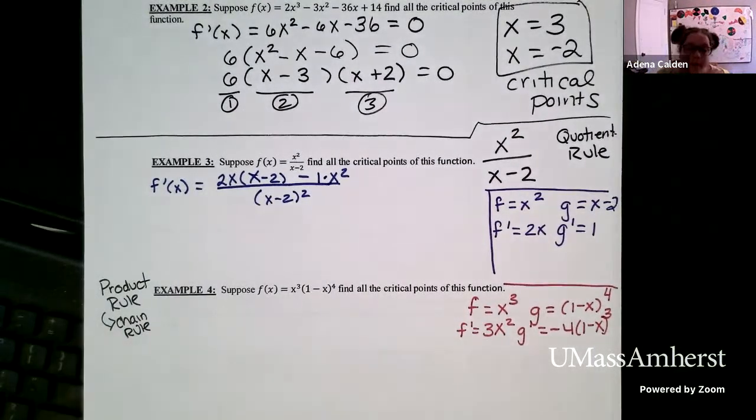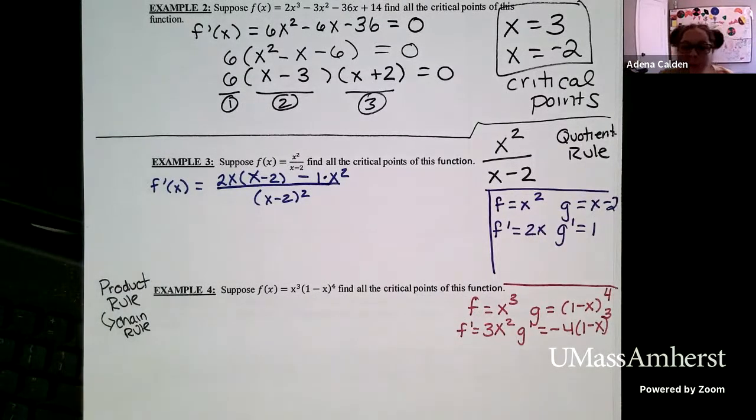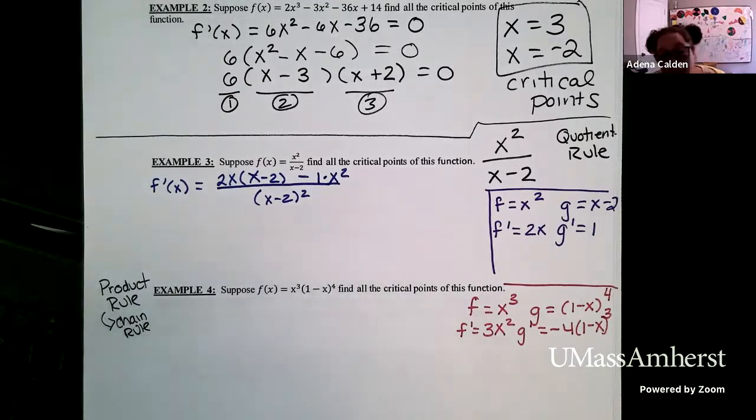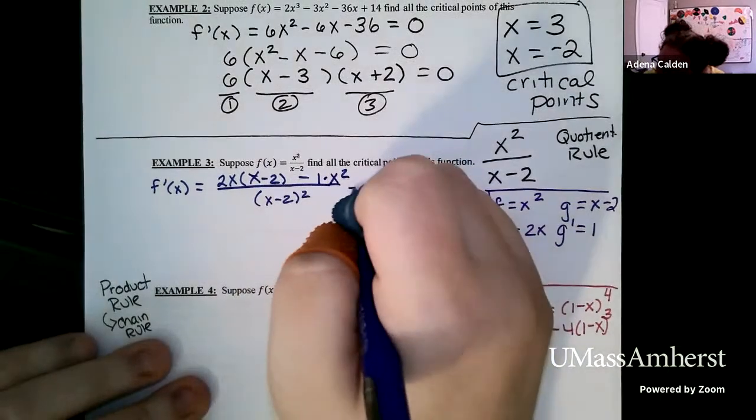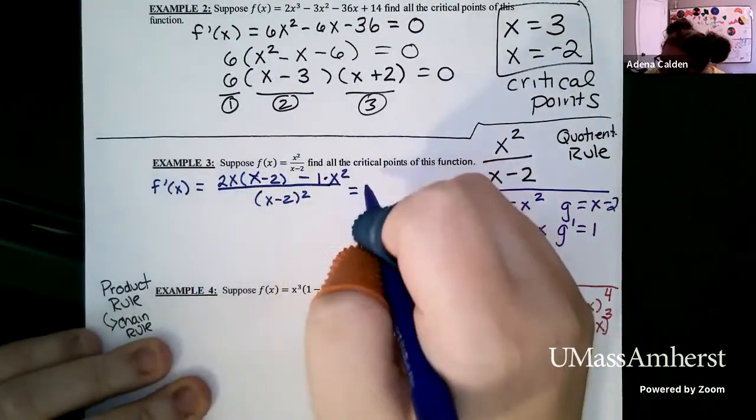Okay. So again, if we were just trying to find the derivative, we wouldn't need to do any simplification, but now we are going to ask the question, when does this equal 0 and when is it undefined? And so in order to answer that, we do need to simplify this. So I'm going to start by distributing the 2x through this parentheses.